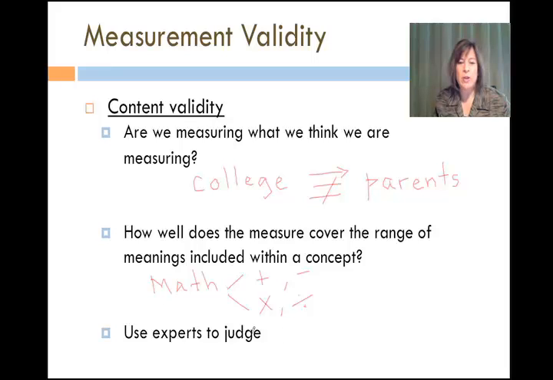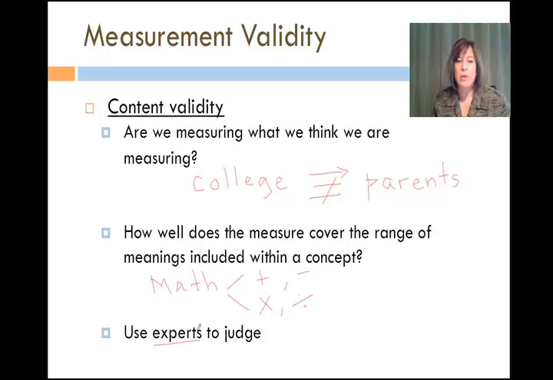One way that we determine whether or not we have content validity is whether or not experts believe we do. Where we can actually measure the accuracy of reliability, validity, face validity, content validity, and even the two other validities, construct and criterion, are more judgment-oriented, and that's why it's harder to prove validity.